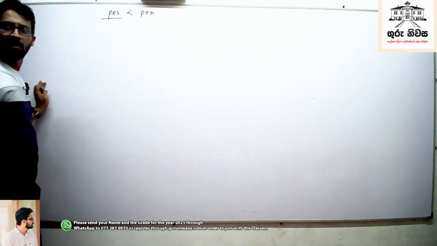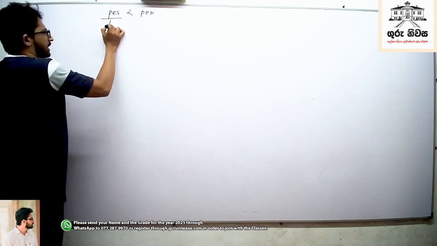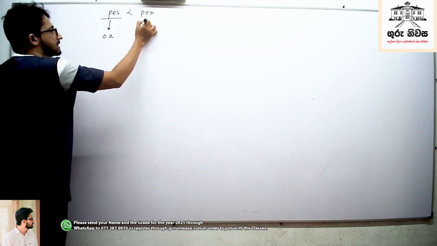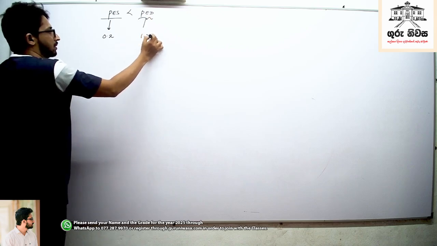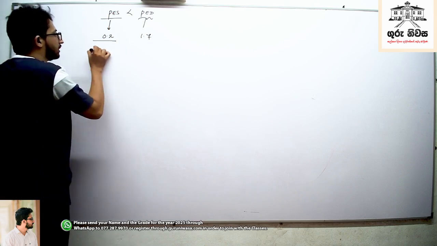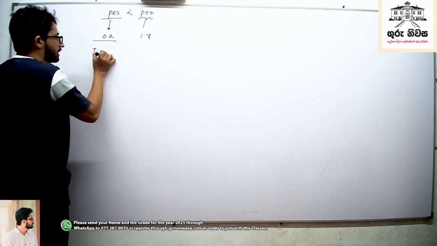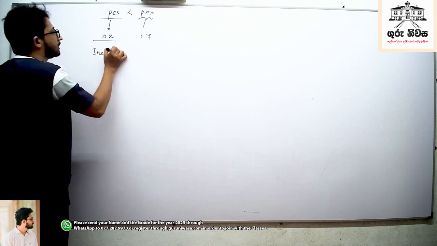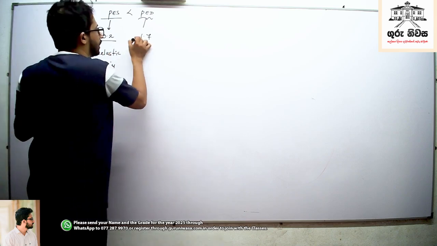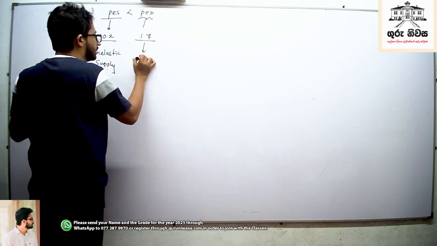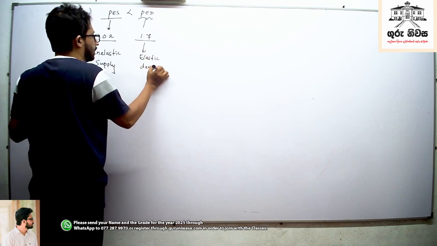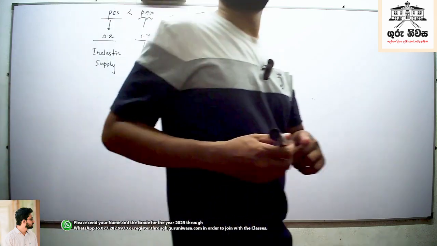You can take any value. PES, I'll say 0.2, and PED, let's say 1.7 or something. Now the condition is fulfilled. Then 0.2 means inelastic supply, and 1.7 means elastic demand. Okay, now draw it.